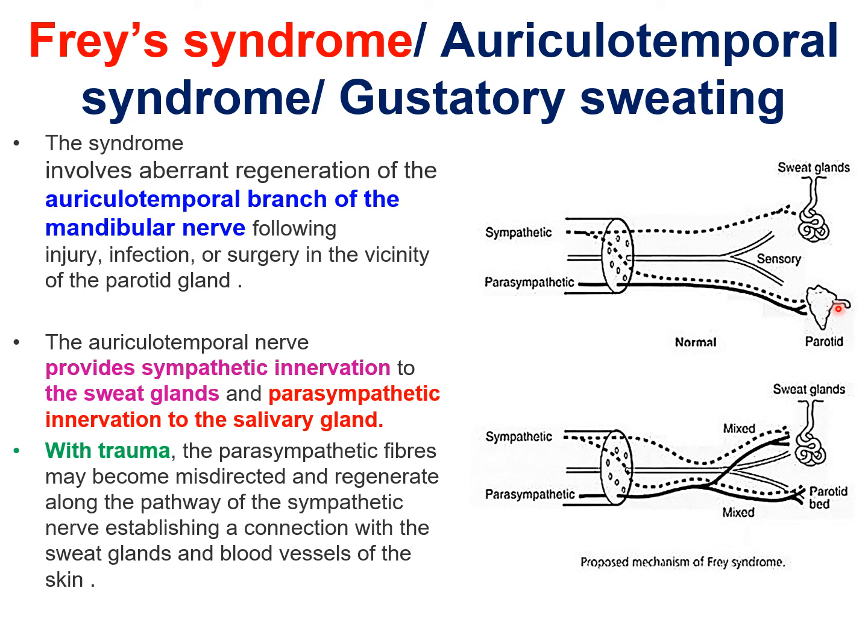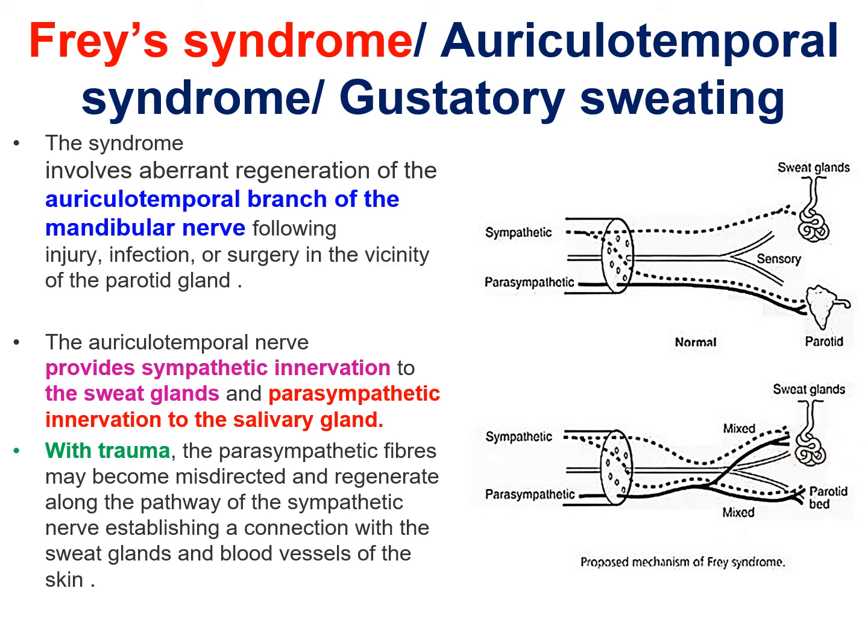The auriculotemporal nerve ordinarily provides the sympathetic fibers to the sweat gland and parasympathetic innervation to the salivary gland. When the trauma occurs, the parasympathetic fibers may become misdirected and regenerate along the pathway of the sympathetic nerve, thereby establishing a connection with the sweat gland and the blood vessels of skin.